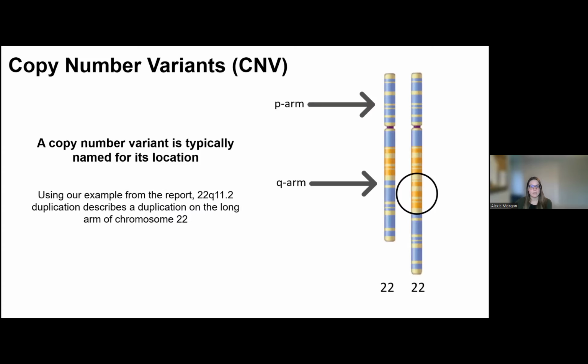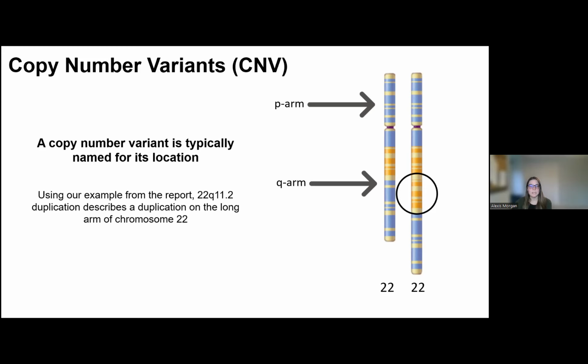Each chromosome has two arms, a short arm called the P arm at the top of the chromosome, and a long arm called the Q arm at the bottom of the chromosome. And each chromosome has specific banding patterns, which are the stripes you see throughout the chromosome. This report is stating there is a copy number variant, or CNV, on one of the 22nd chromosomes.